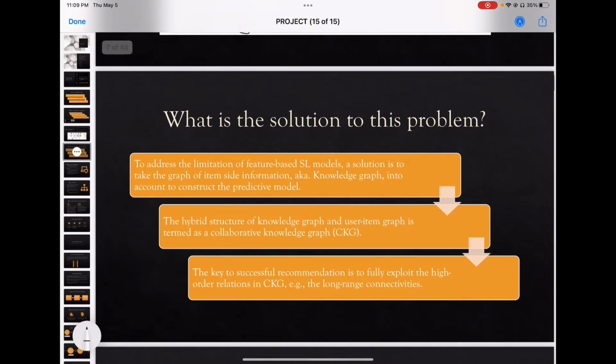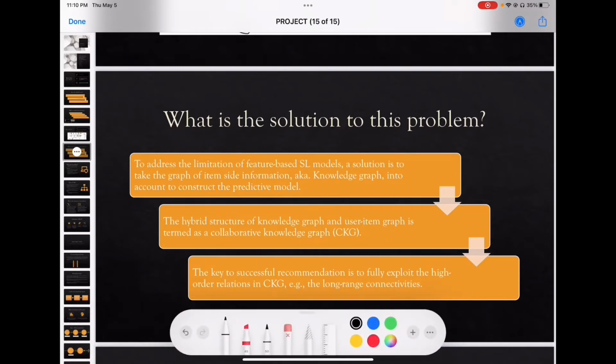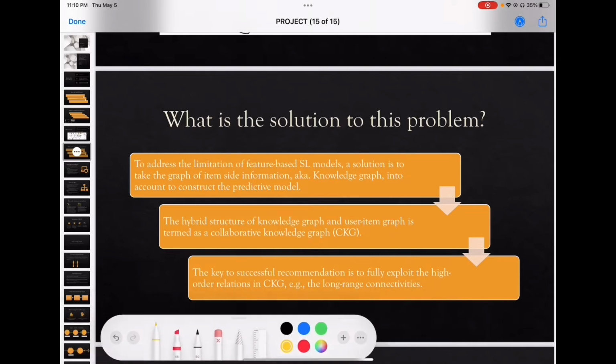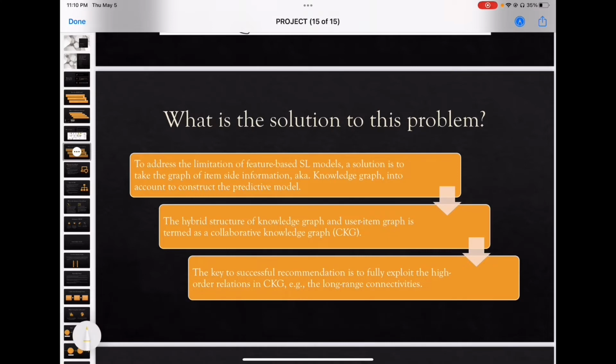So, what is the solution to this problem? To address the limitation of feature-based supervised learning models that we saw above, a solution is to take the graph of item side information, which is also known as a knowledge graph, into account to construct the predictive model.